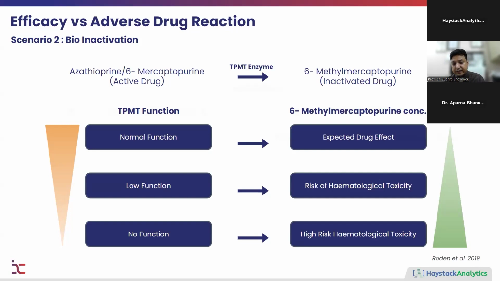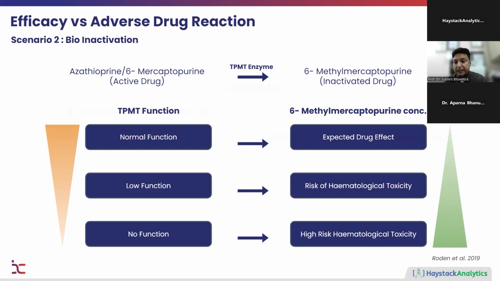If the TPMT enzyme is functioning normally, then you will have the expected drug effect. But if the TPMT enzyme is less functional because of a genetic variation in a patient, it will result in hematological toxicity, resulting in anemia, leukopenia, aplastic anemia. And if there is no function, it can result in high-risk hematological toxicity.